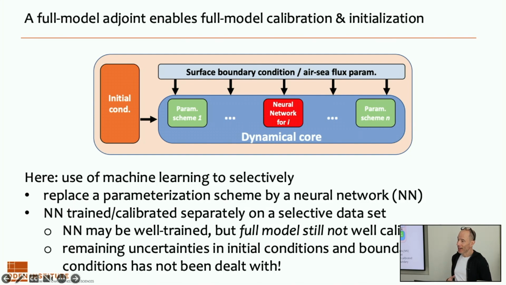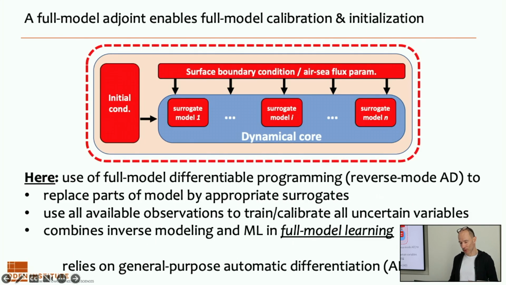But what I'd like to point out again is that everything I've just mentioned, the initial conditions and boundary conditions, is also uncertain, and there is no guarantee that calibrating just one individual piece of the system will give you a good representation of the full model, right? So everything here is uncertain, and therefore we want a full model estimation and calibration framework.